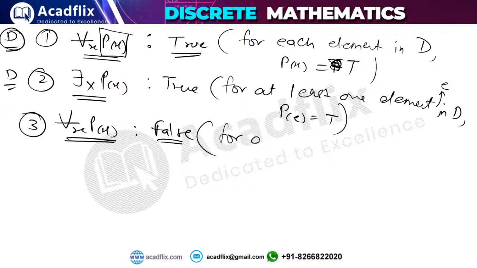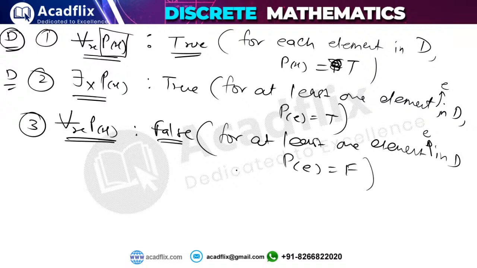So I can say like this: for at least one element in D, let's assume that element is E. So for at least one element in the domain, P must be false. In this case, for all x P(x) will become false, right?